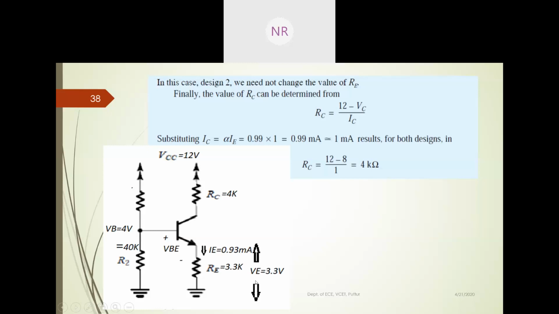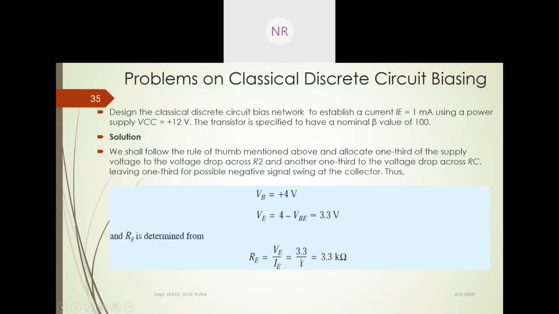How can we calculate VE? If I know VB and VBE. VB I know. VB you can calculate using the voltage divider rule. That is, the voltage across R2 is VB, R2 into VCC divided by R1 plus R2. Next is VBE. VBE is 0.7. So you can easily calculate that.